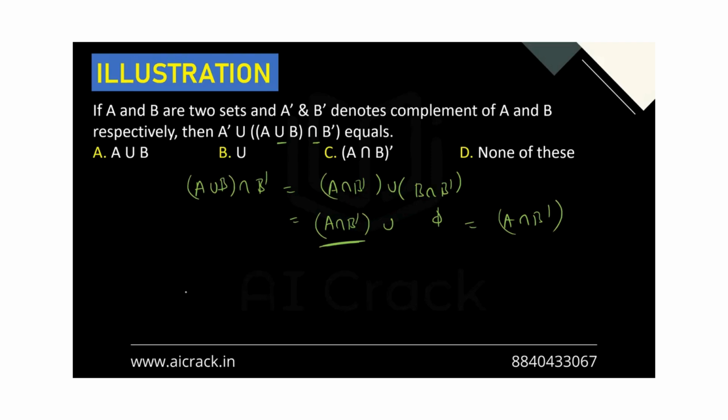Let's try to solve it further. That becomes A dash union A intersection B dash. Again, we can see that there is a change of operator over here, so we can use the distributive property. So that would become A dash union A intersection A dash union B dash, right? Now A dash union A is nothing but universal set, right?